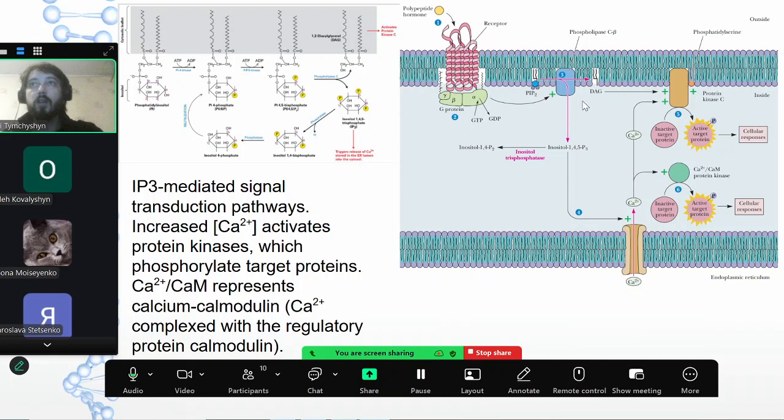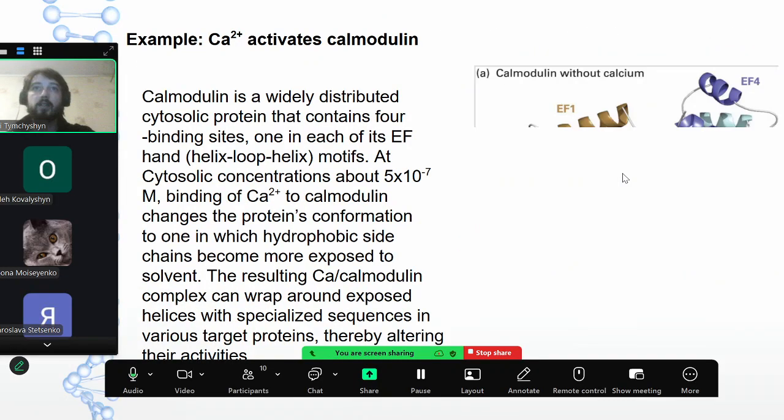Diacylglycerol can activate protein kinase C, and inositol 3-phosphate may activate these ion channels that release calcium, and this calcium may activate something more. It can also activate protein kinase C, but there are other proteins that are activated as well.